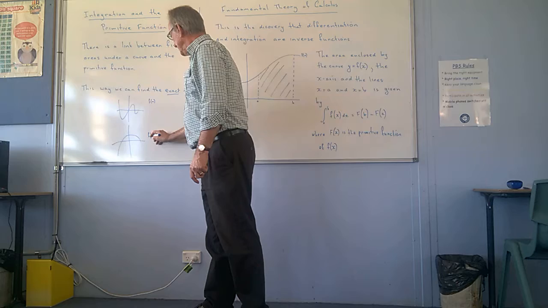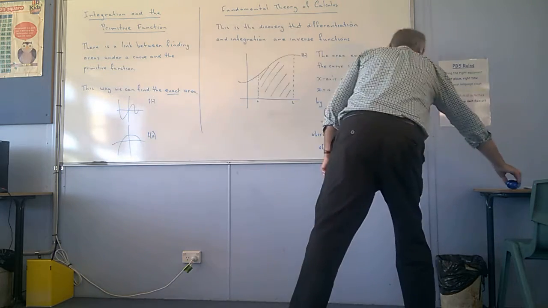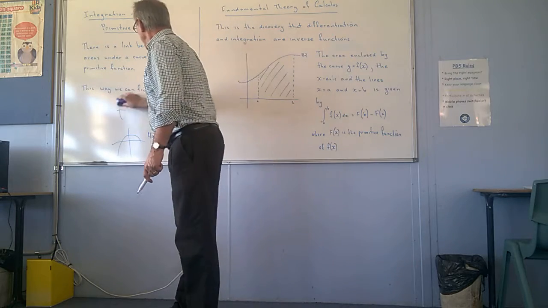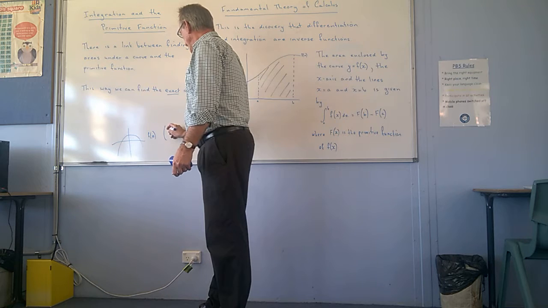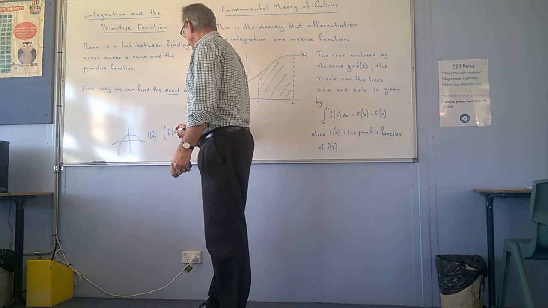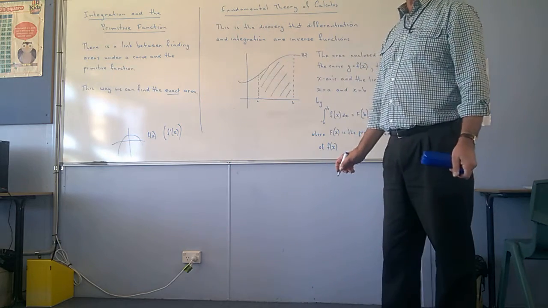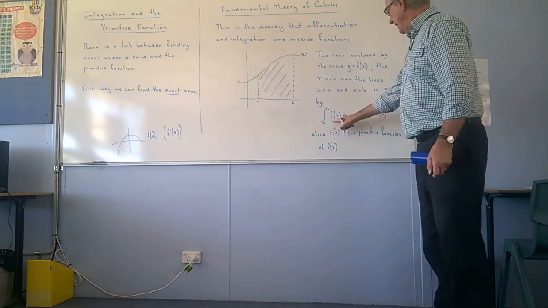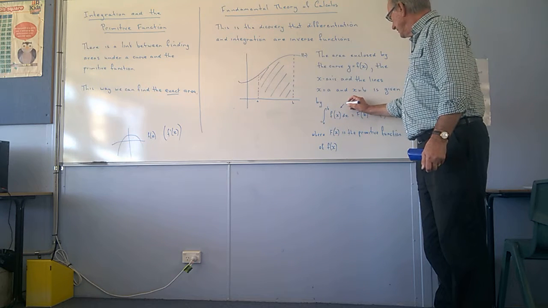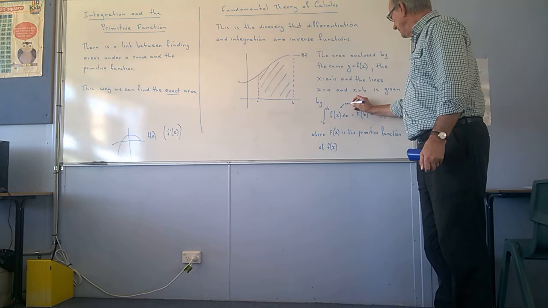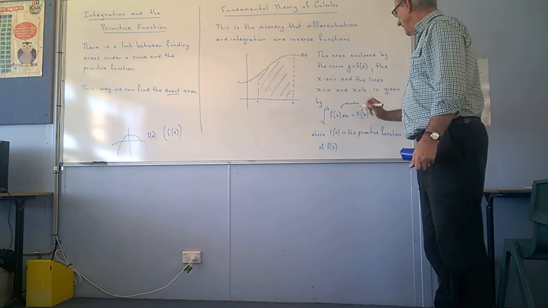Well, think of this now as the f of x. In other words, think of that as a derivative of something or other. So I'm saying this here is a derivative of something.